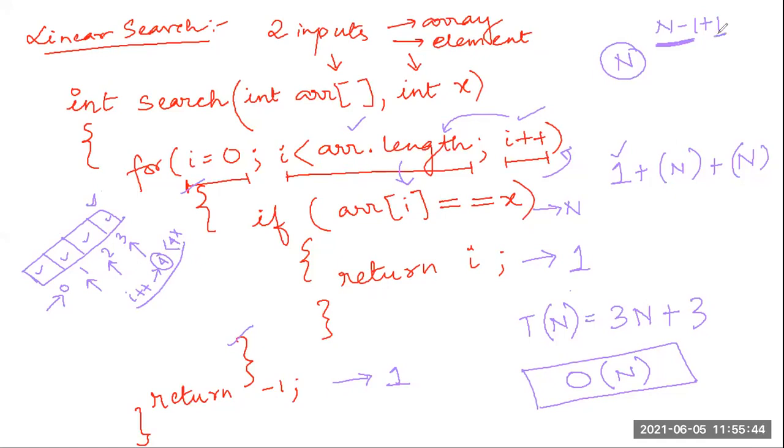This condition actually runs for n minus 1 plus 1, which gives us n times. And similarly, this increment also runs n times, because you do one extra for this 4, right? So this also runs n times.